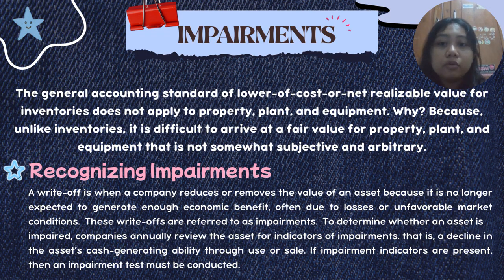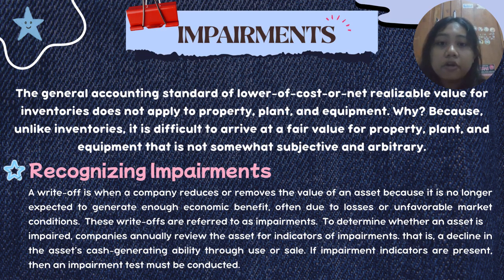So we go to the first, recognizing impairments. A write-off is when a company reduces or removes the value of an asset because it is no longer expected to generate enough economic benefit, often due to losses or unfavorable market conditions.